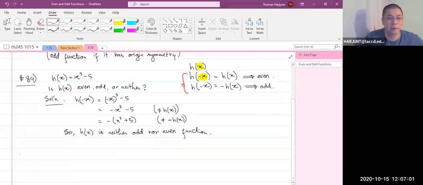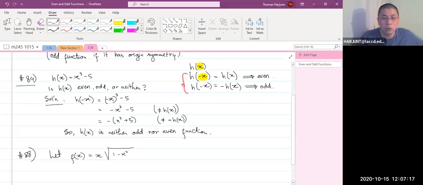Number 88. Let f of x equal x times the square root of 1 minus x squared. Notice that I know that they don't have origin or y-axis symmetry if I found it by graphing first. Therefore, they are neither odd nor even.